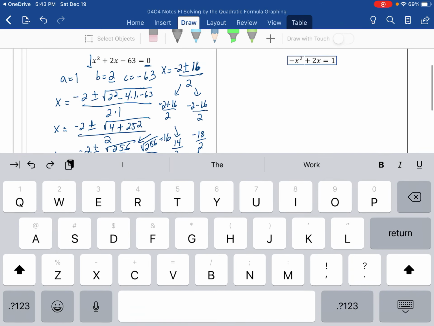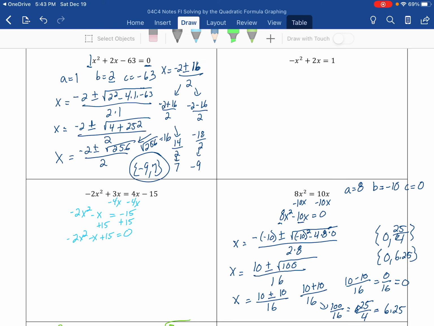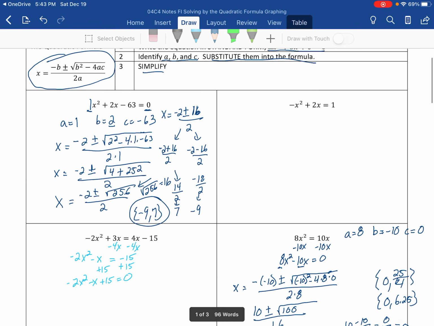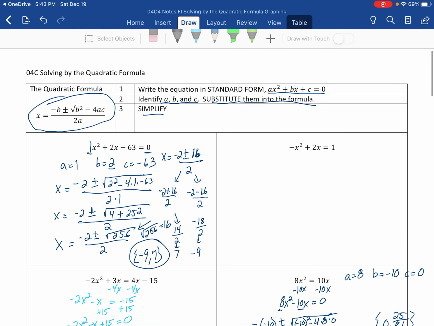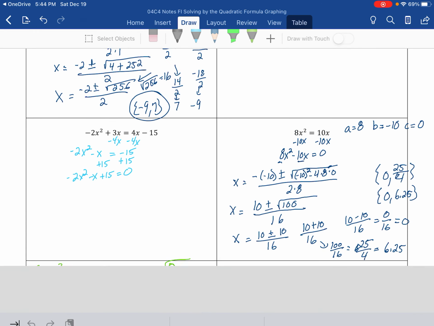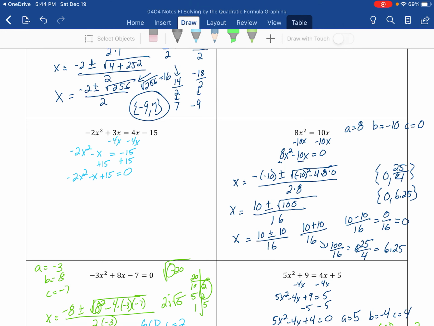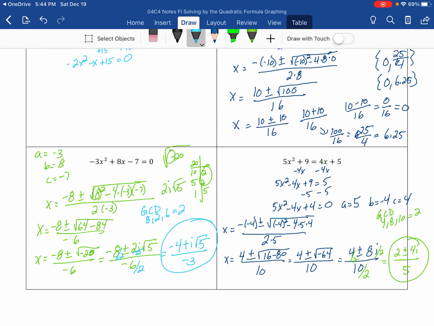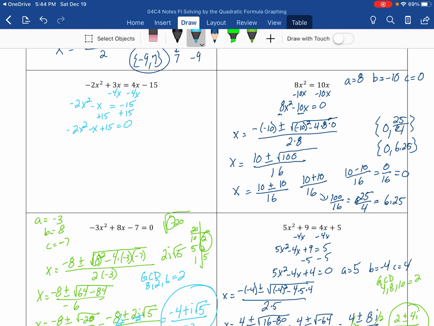Okay, in this case, a okay, now it's not drawing for me. There we go. I know that a is negative 2, b is negative 1, and c is 15.